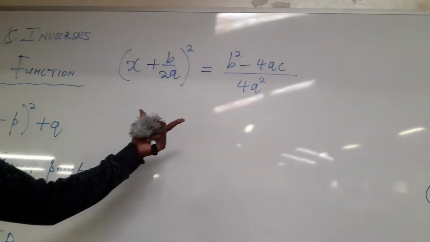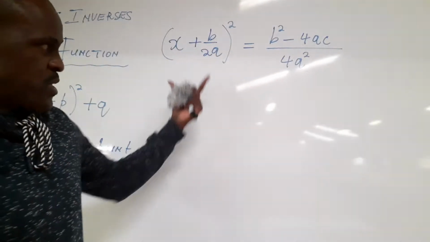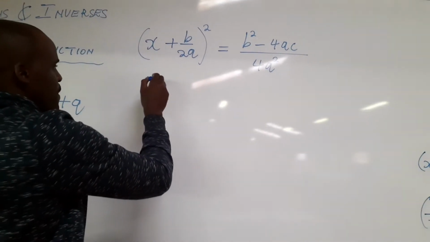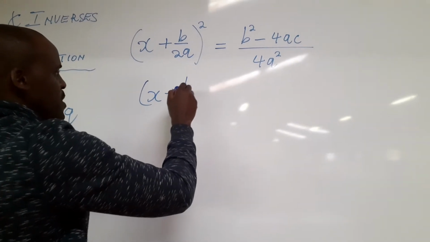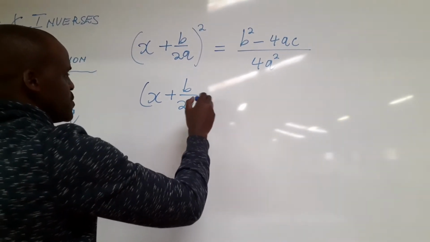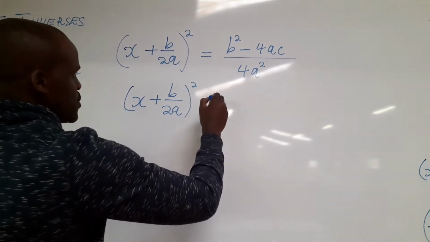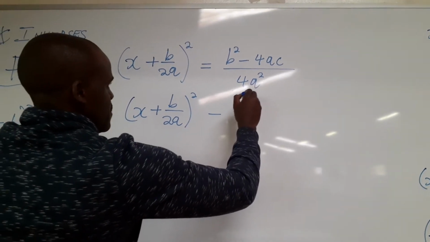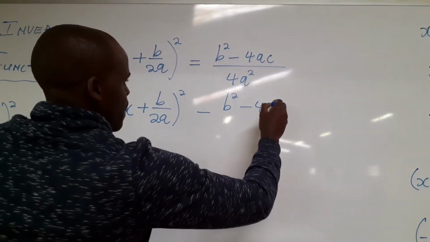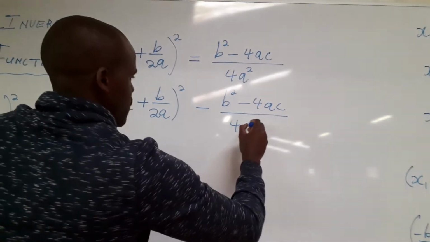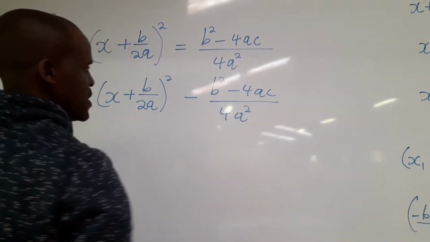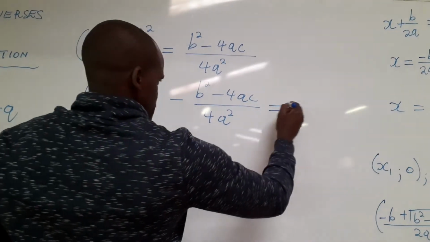Let us transpose this to the left. It's x plus b over 2a all squared, minus b squared minus 4ac all over 4a squared. This is equal to 0.